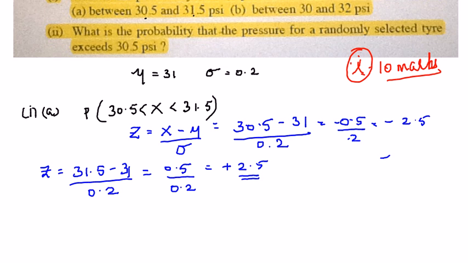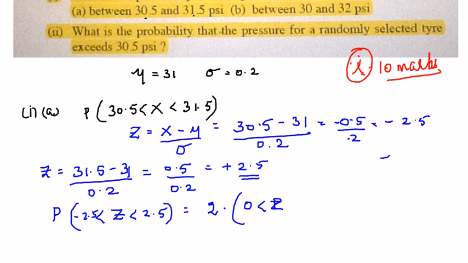Okay. Now, what is the probability that z lies between minus 2.5 and plus 2.5? Due to the property of symmetry, you know that this is the same as 2 times the probability of z lying between 0 and 2.5, right?